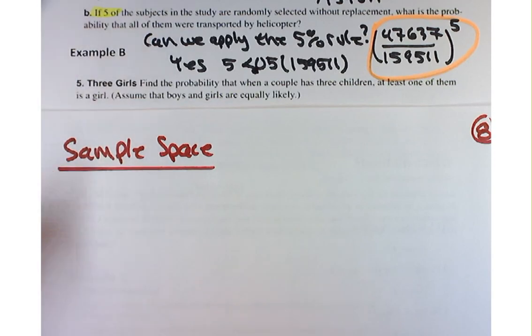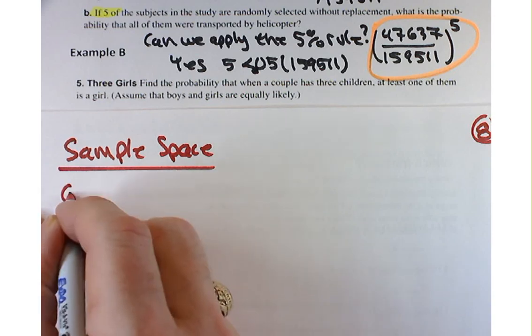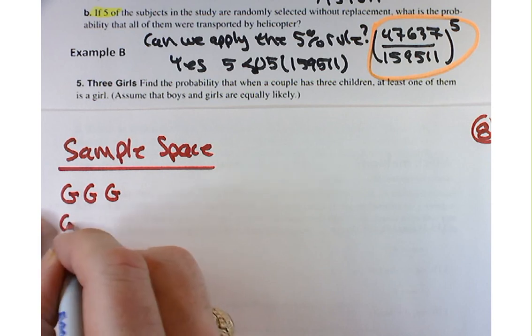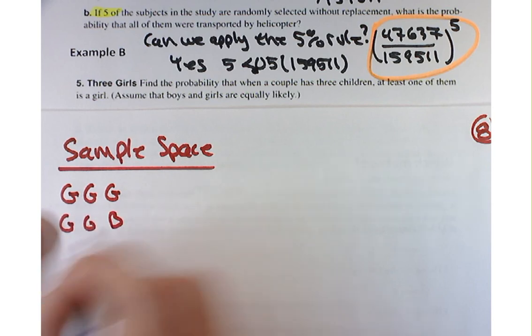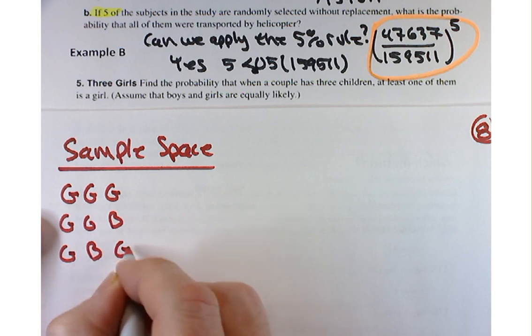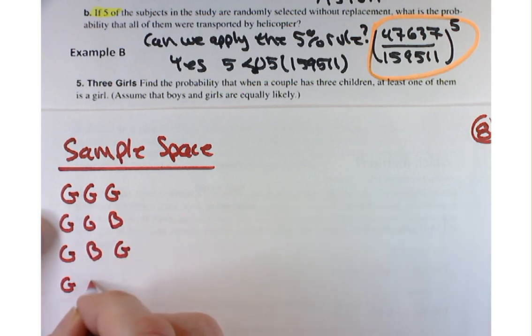So we'll start out with girl, girl, girl, and then girl, girl, boy, girl, boy, girl, and girl, boy, boy.